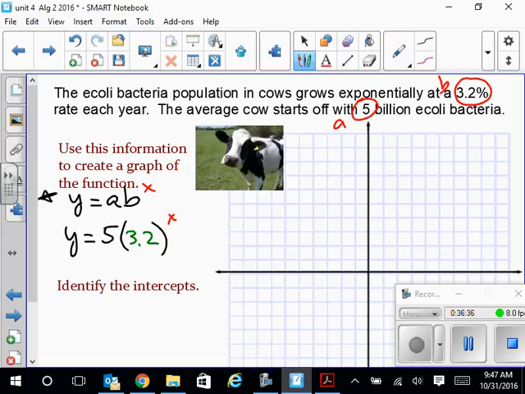So what goes inside this parenthesis? 1.032. Wait, why is it a 1 point? It's just the rule we went over last time. So what just happened?